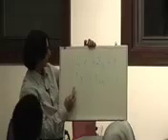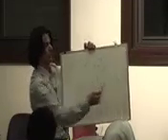So as I explained last week, I have 2x plus 2y equals 1, and 1x plus 1y equals 3.